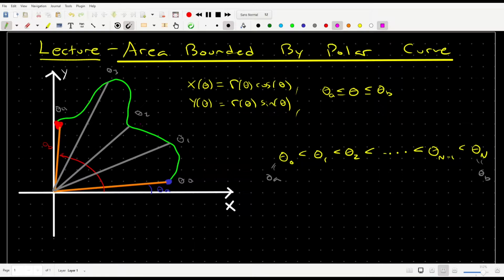For instance, if I sample the radius at this point theta k, this angle is theta k and the radius going out to this point is r of theta k.